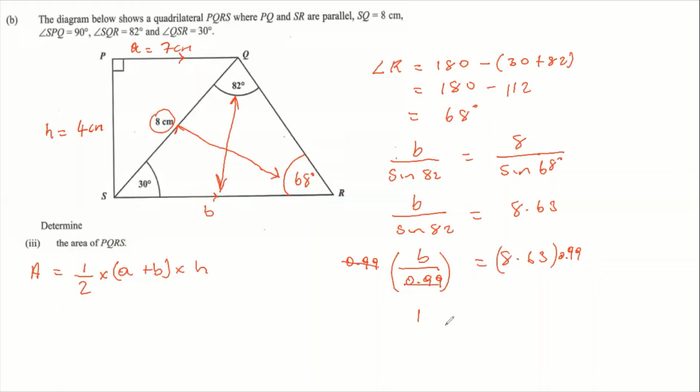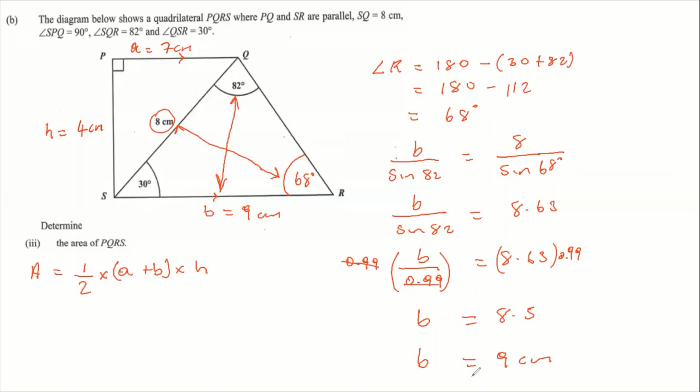We're left back with B, and 8.63 times 0.99 will give us approximately 8.5. And we're just going to round this off to the nearest whole number. So we're going to say B is approximately equal to 9 centimeters. So we now know this distance, B, equal to 9 centimeters.